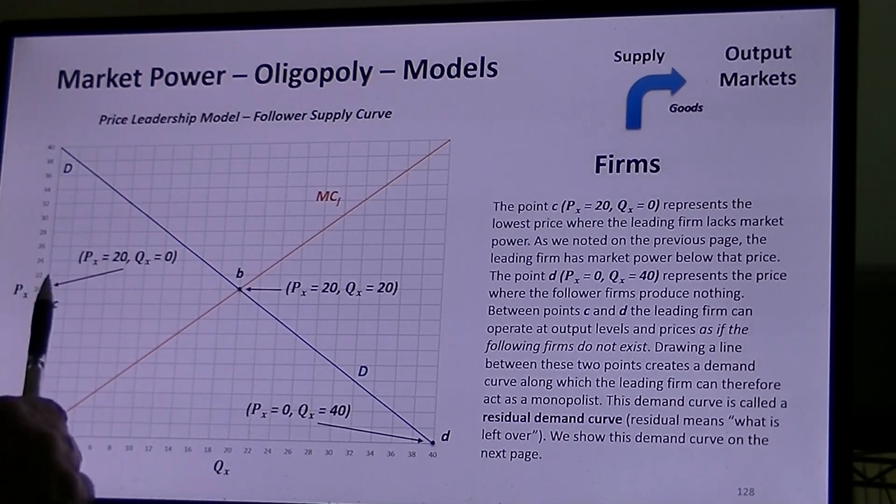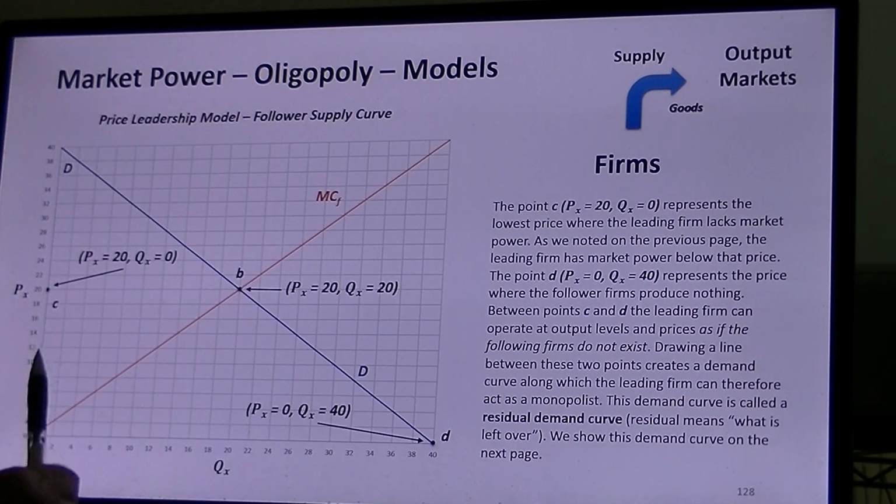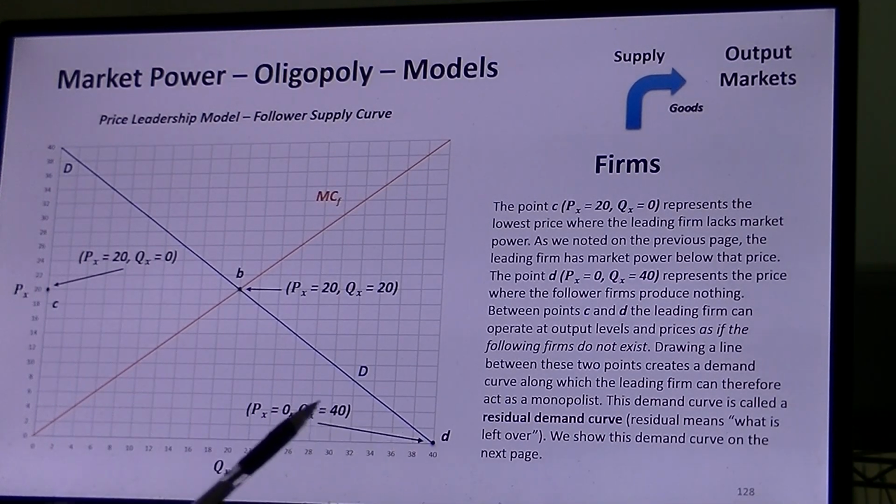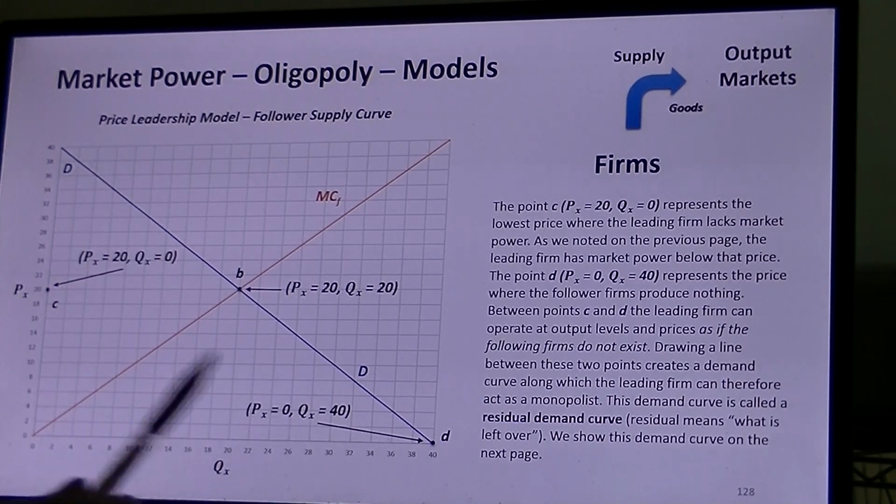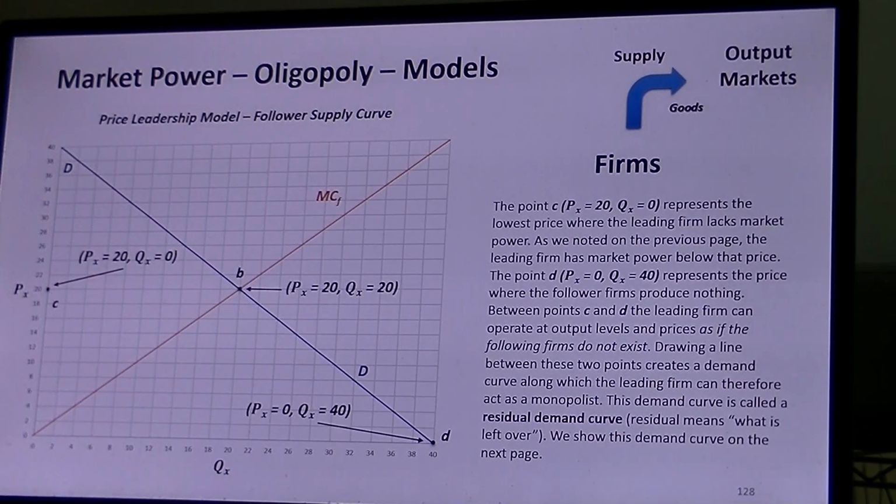Again, if it prices above 20, it has no market power. Below 20, it has market power. So this is its monopolist demand curve, and that is called the residual demand curve.